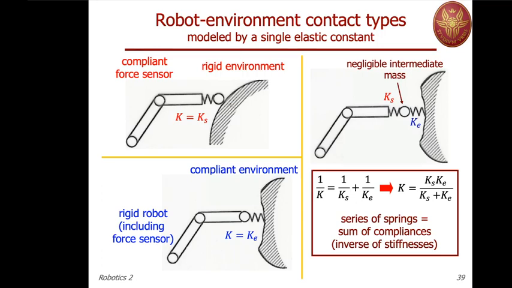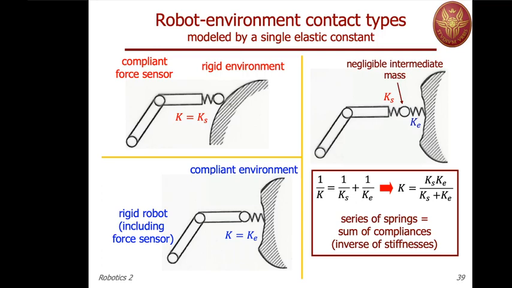Now, another reason why we mount the force torque sensor close to the end effector is exactly because we assume that, with respect to the mass or inertia of the environment and with respect to the mass or inertia of the robot, what is in between the force torque sensor and the environment has a negligible intermediate mass.